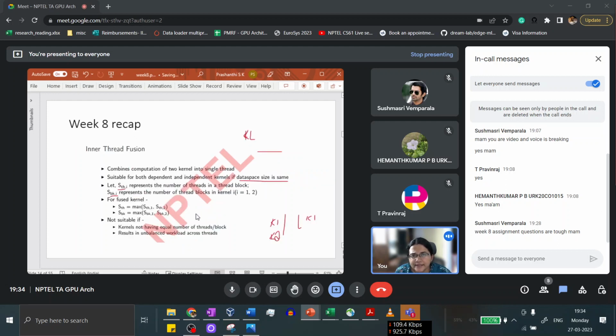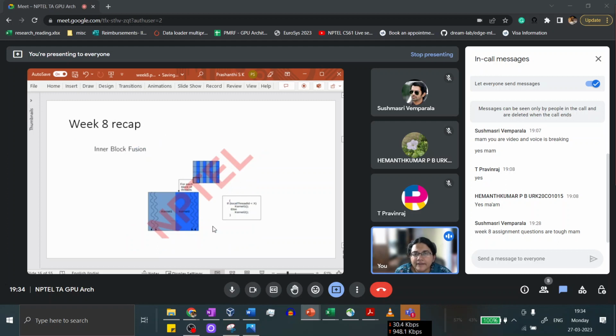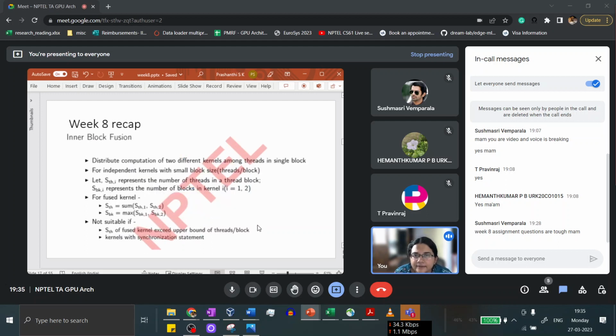No, you don't really have to. Another way of parallelizing it could be to have different threads doing kernel 1's work and different threads doing kernel 2's work, because they're not really dependent. Depending on the thread ID, you could do kernel 1's work or kernel 2's work.